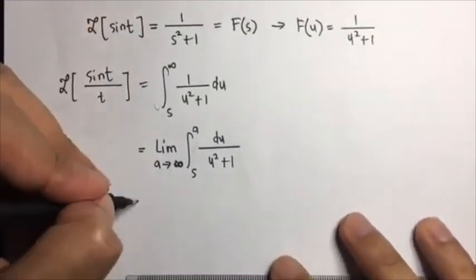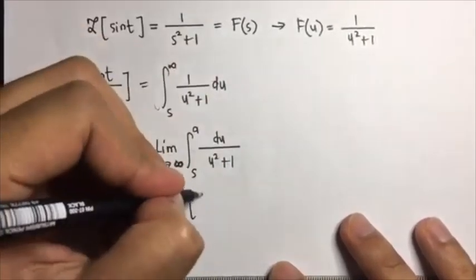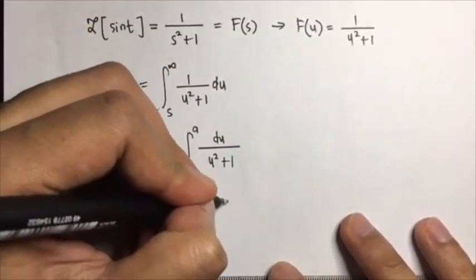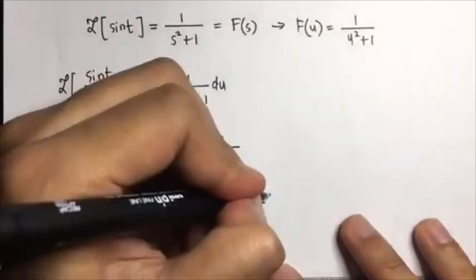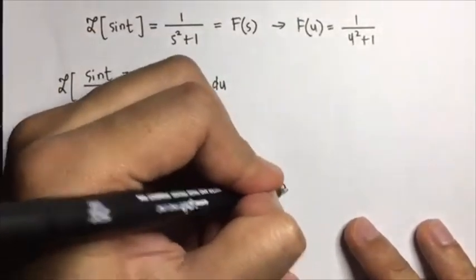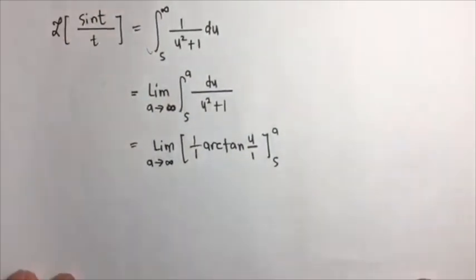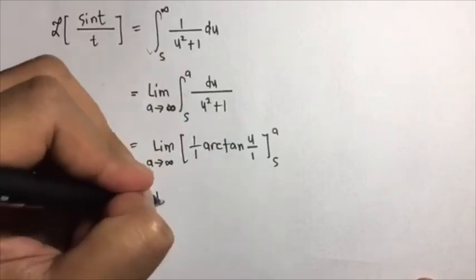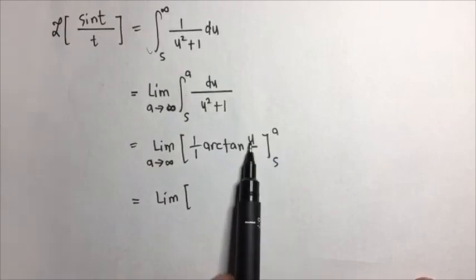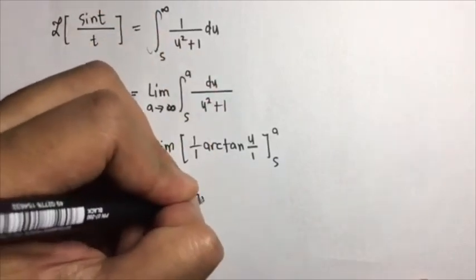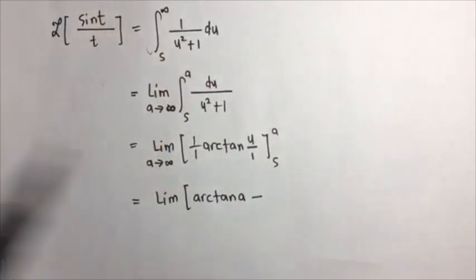So we will have the limit of, our a is 1, so 1 over a arctan of u over a, from s to a as a approaches infinity. We can now substitute the limits. This will become arctan of a minus arctan of s, as a approaches infinity.